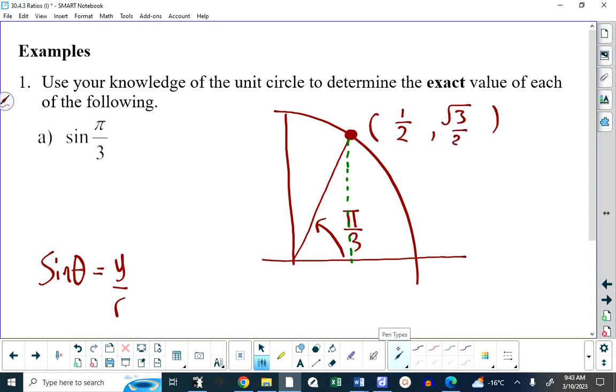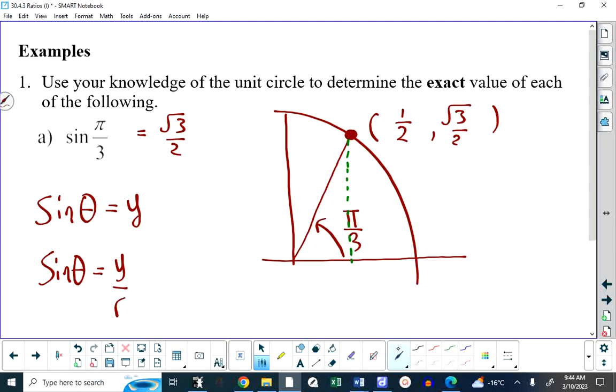But we're using the unit circle here. And r is 1. So this sine of theta equals y over r turns into sine of theta equals y, because r is 1. So this is equal to root 3 over 2. And what that means is the sine ratio of an angle of pi over 3 is root 3 over 2.